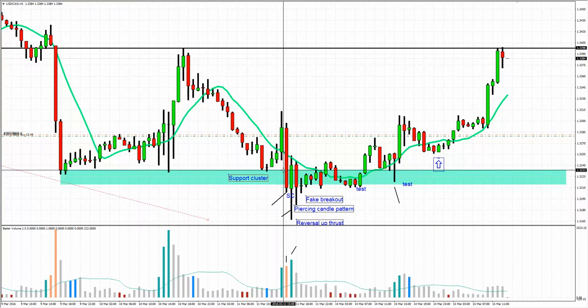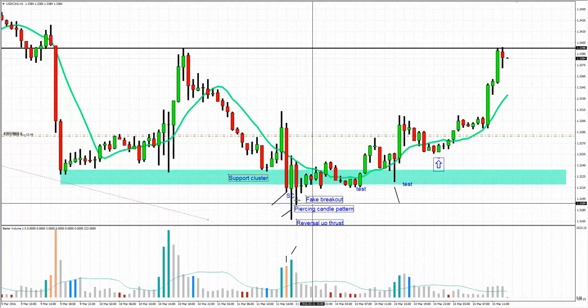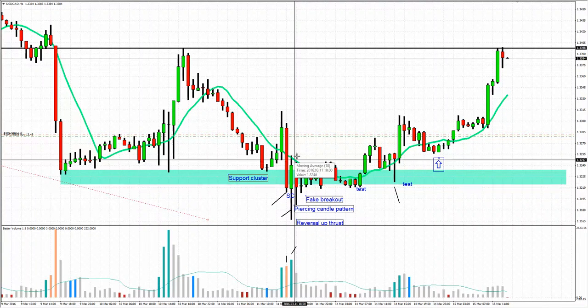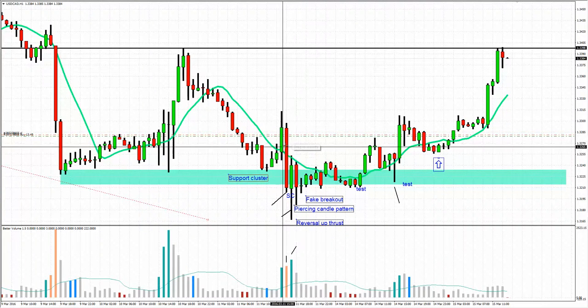So what we got here, we combined the volume price action analysis, used the candle formations and everything which can help us to identify potential good trading setups. So: cluster, fake breakout, selling climax, reversal upthrust, made a piercing pattern.